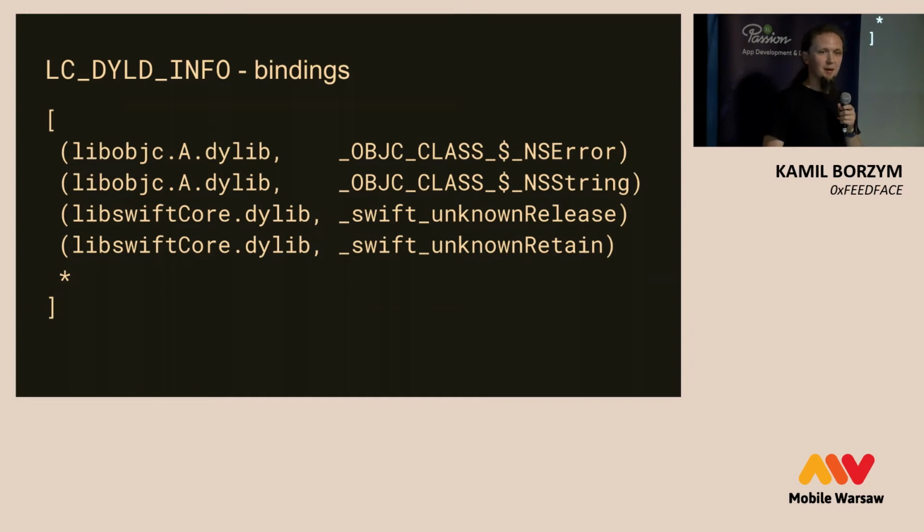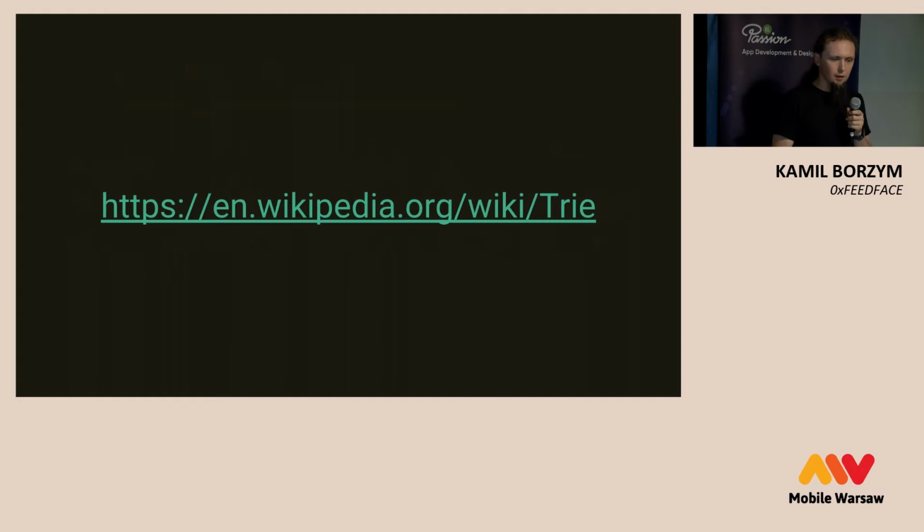And that is the bindings list. In the bindings list, each binding points to some symbol, referencing it via its name and library. If you would like to read more about the trie structure, then you can read it on Wikipedia.